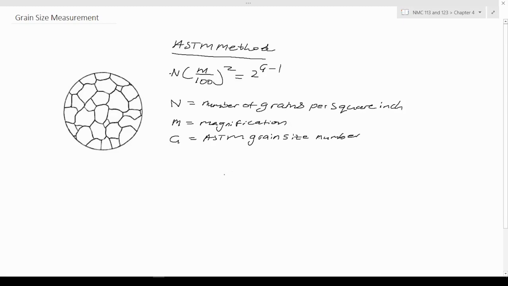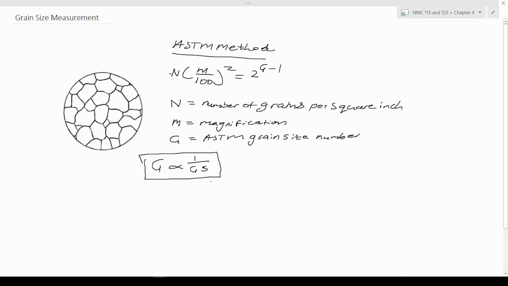What you must understand from this is that the relationship between g, which is the grain size number, and the grain size, there's an inverse proportionality relationship. But we'll discuss this shortly. You must just know that the grain size number and the grain size are inversely proportional to each other. So it means that the higher the grain size number you have, the smaller the grains.